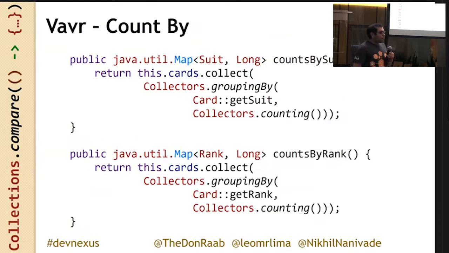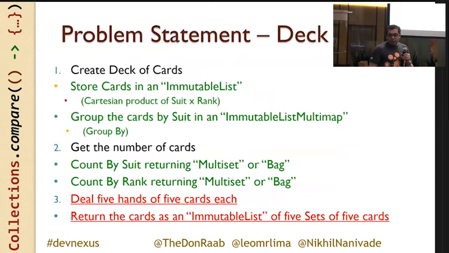Okay. Vavr, similar to all the other ones, it does have its own collectors as well, and these collectors are counting. Now the interesting thing is they don't have their own bag, so they're giving back a map. It's a JDK map, you see, the java.util Map.